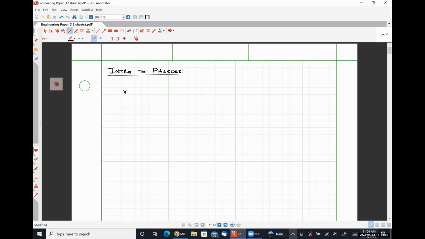So let's say that we have a voltage v of t that is a sinusoidal signal having a magnitude Vm. It's a cosine signal. It oscillates at an angular frequency of omega multiplied by time, and it has some phase angle theta v.